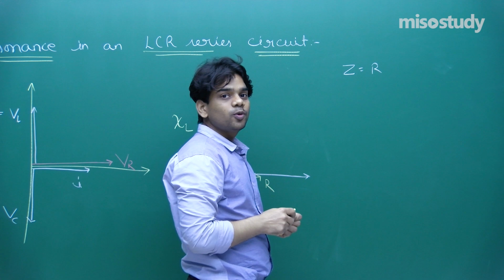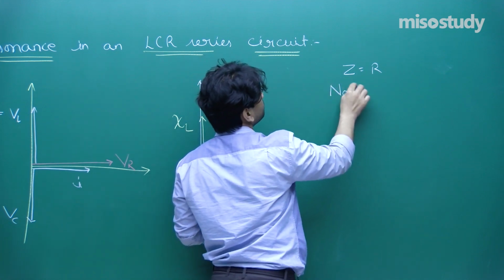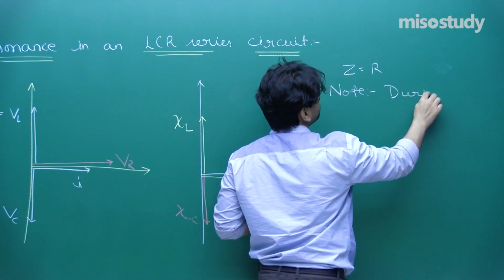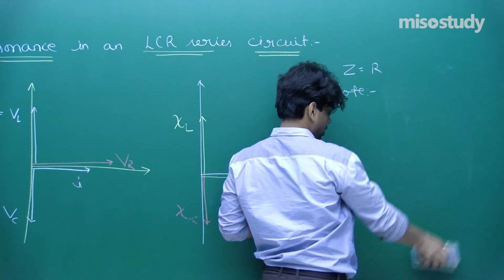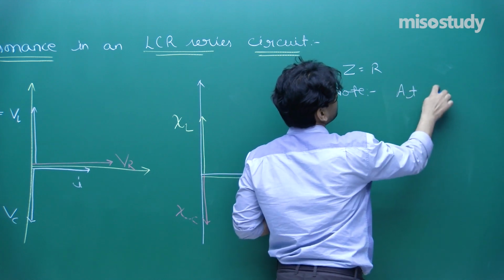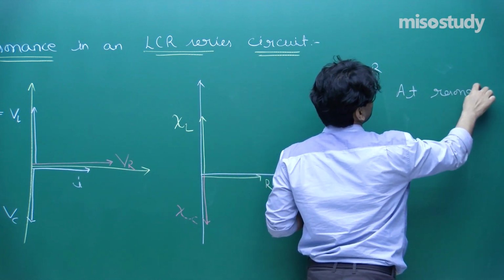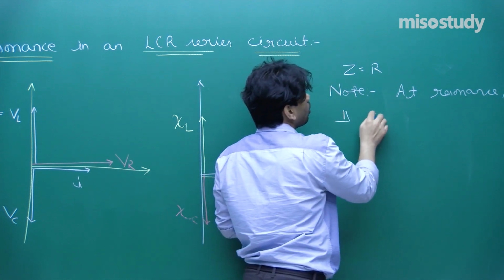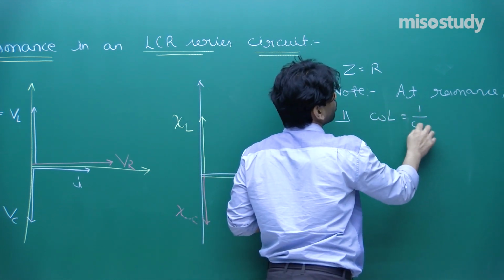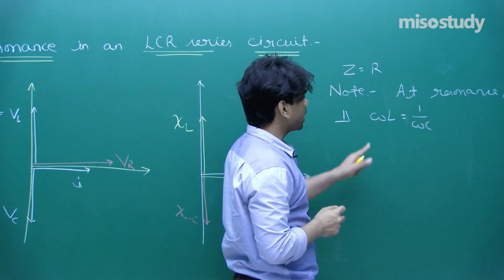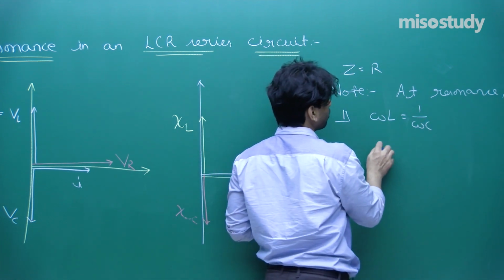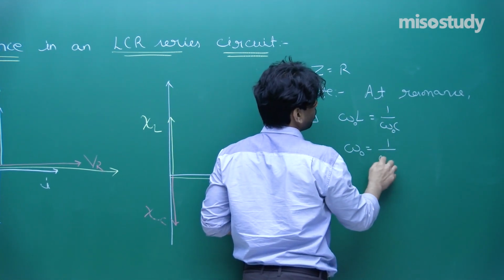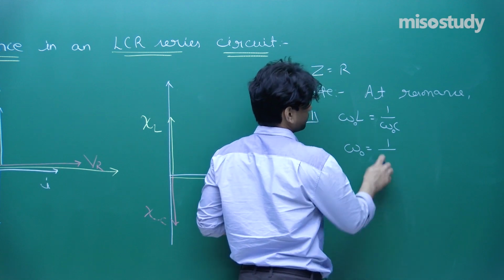So let us try to note some points during resonance. Point 1, note at resonance, let's mention some points that we are going to obtain. First thing, omega L equals 1 upon omega C. From here we are going to get omega naught is equal to 1 upon root LC.